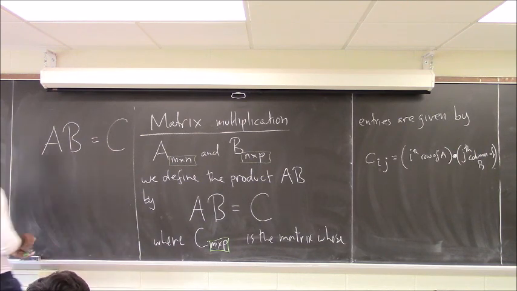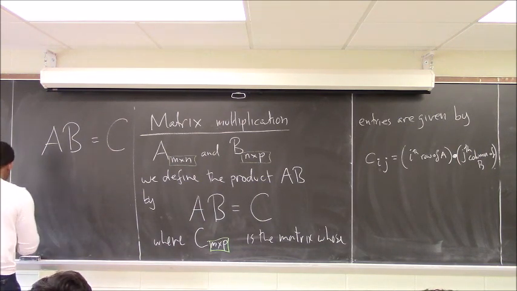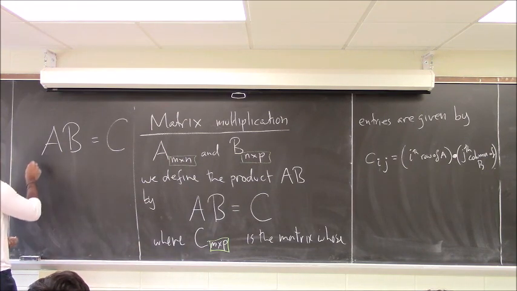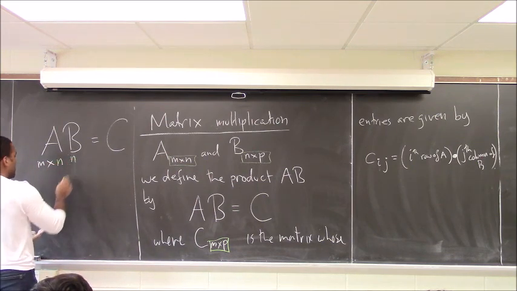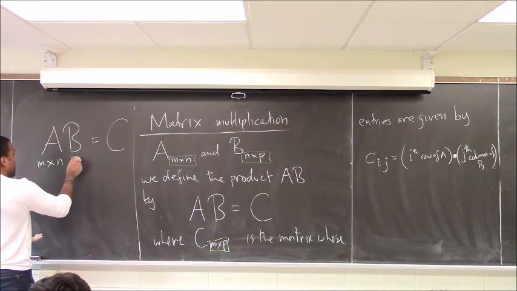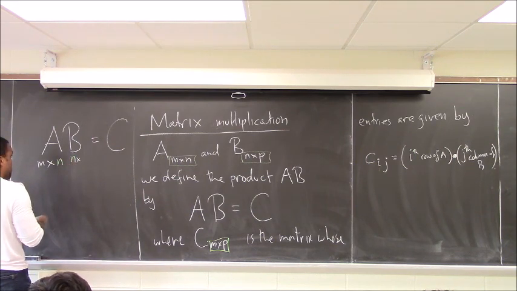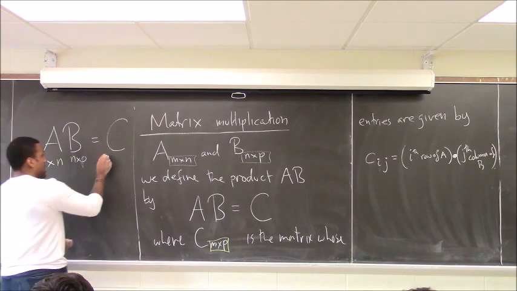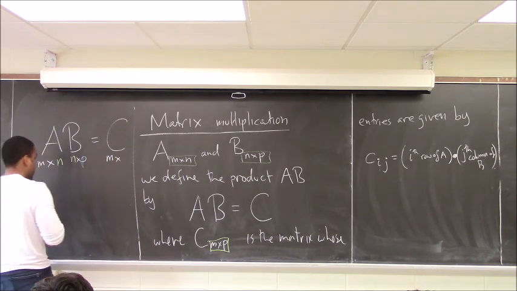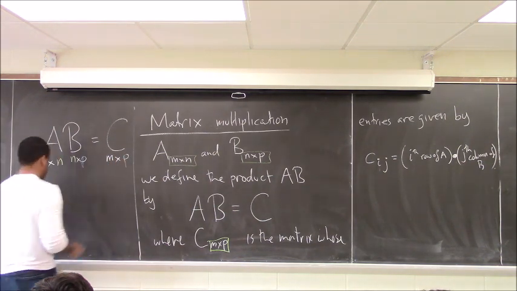I'm having too much fun with these colors. Okay, so let this be m by n. B, suppose its size is n by p. I can multiply these two things, and the resulting matrix is going to be an m by p.